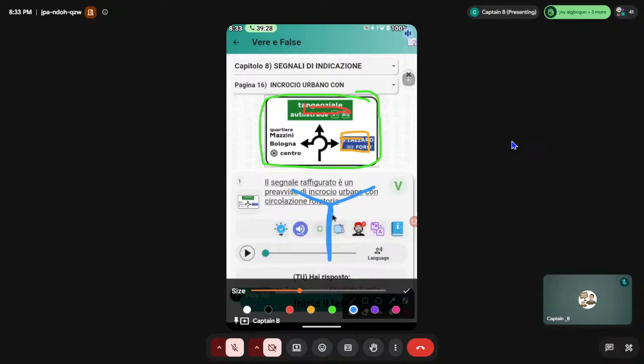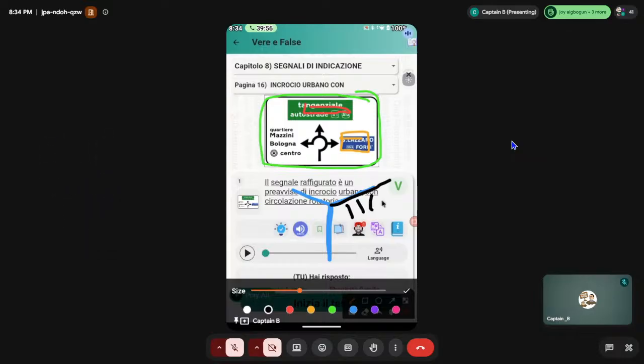Now, their speed limit. Let me make it clear in a way that you will understand it. Let me use black. For extra urbana principale, the speed limit is 110.